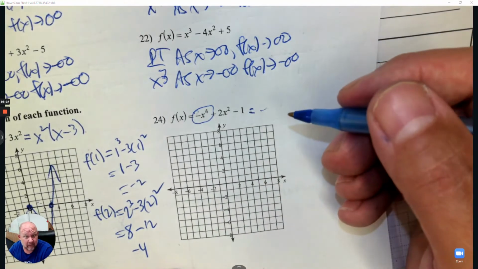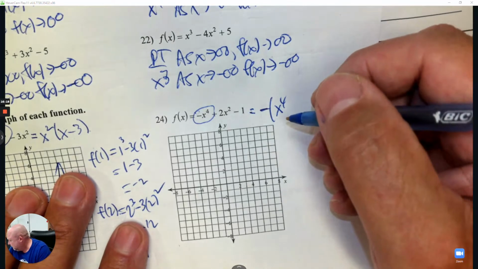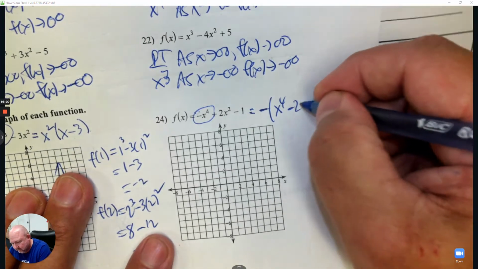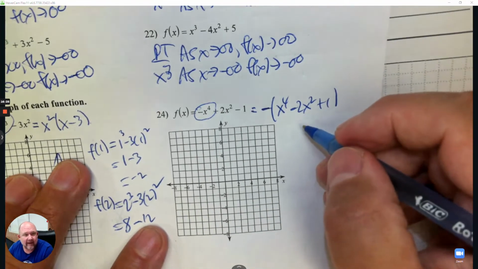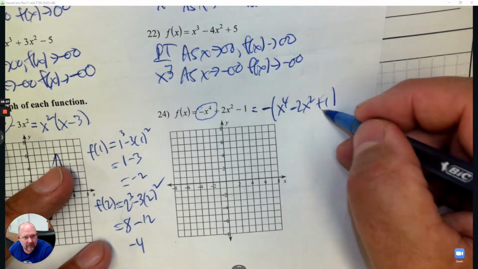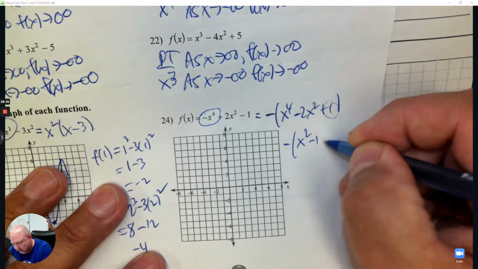I want to factor to find the zeros. I want to factor out a negative to make it easier. So that's going to be x to the fourth minus 2x squared plus 1. And then what two numbers multiply to 1 and add to negative 2? That's going to be negative 1 and negative 1.